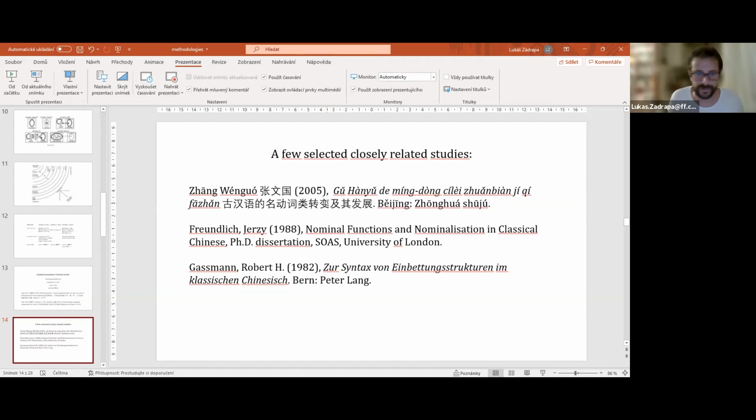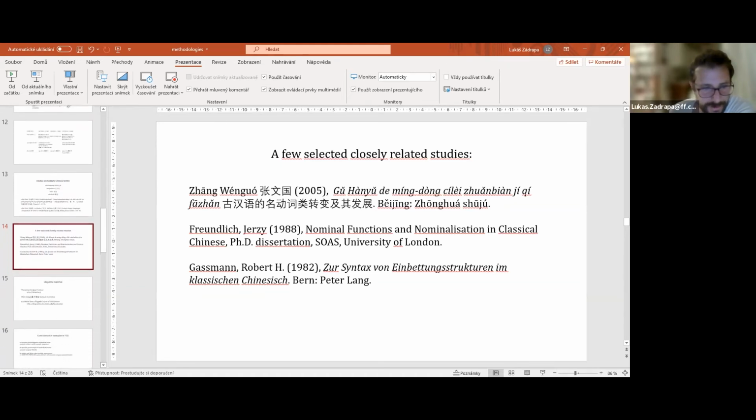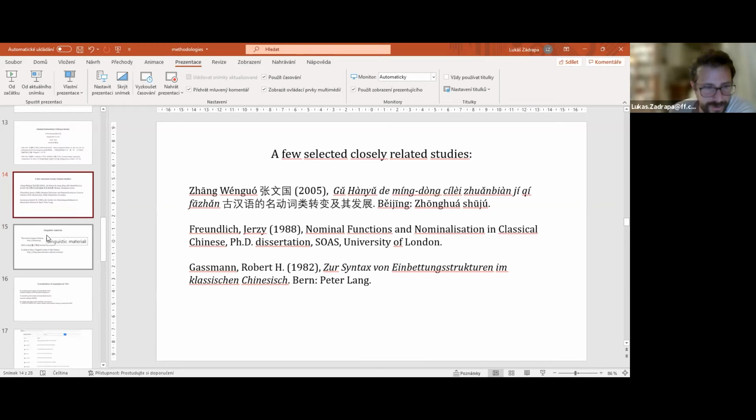And for example, we have Robert Gassmann's syntax for Einbettungsstrukturen in klassischen Chinesisch, where these embedded structures are, in fact, nominalized clauses, let us say, so it can be used as well. There are many other minor studies that can be used for this purpose, but I'm not, of course, presenting a bibliographical guide here. But that's what I, for example, draw on.